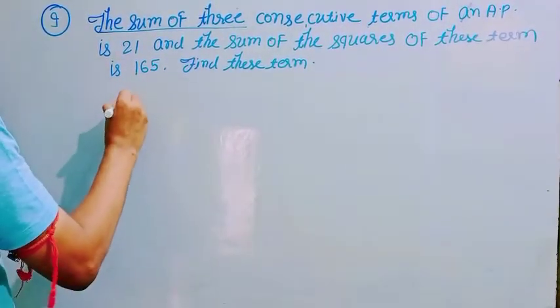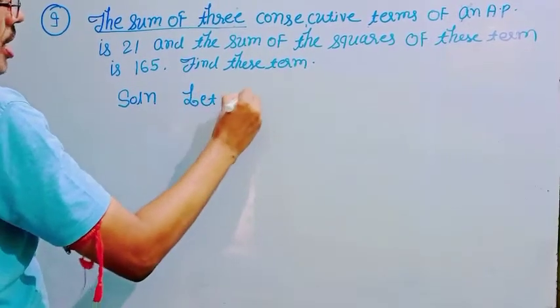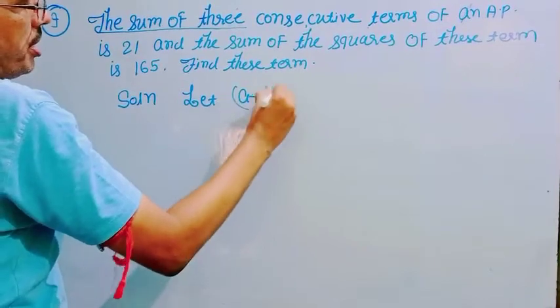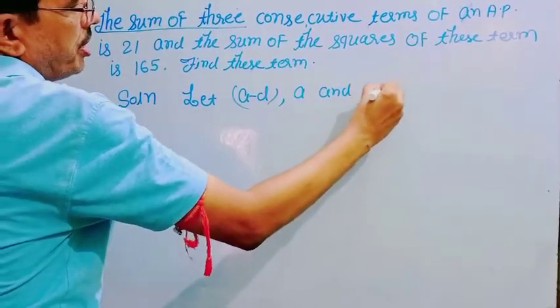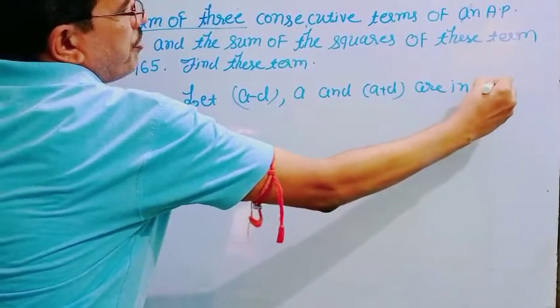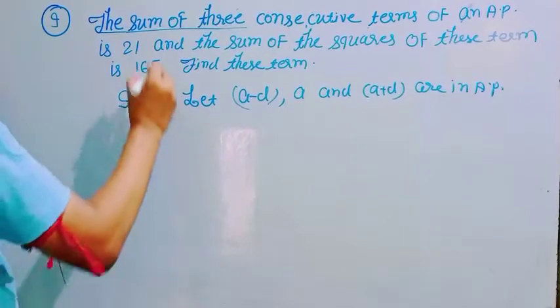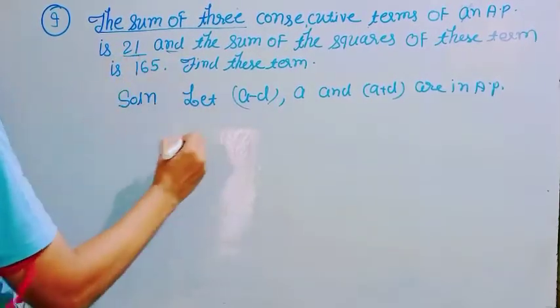So let the solution be: let A minus D, A and A plus D be in AP, and here the sum of these terms is given as 21.